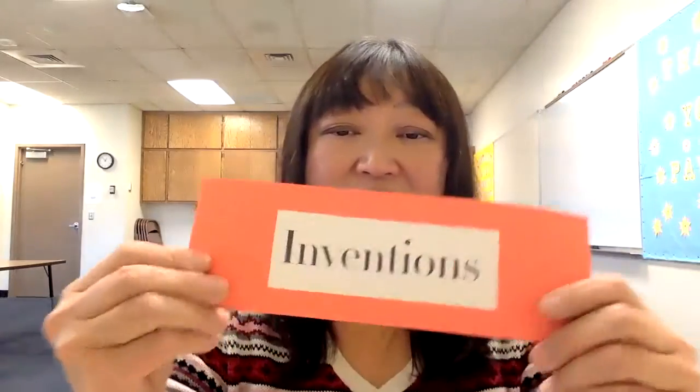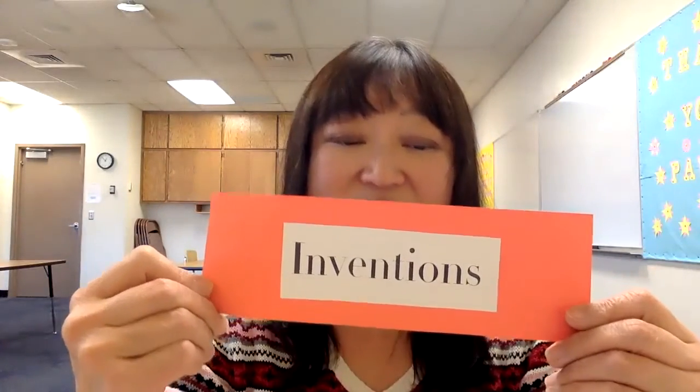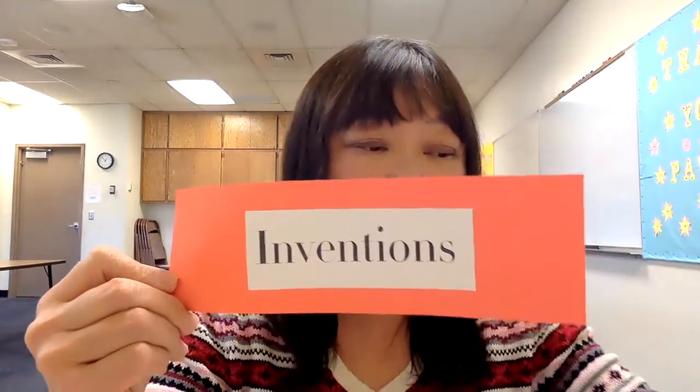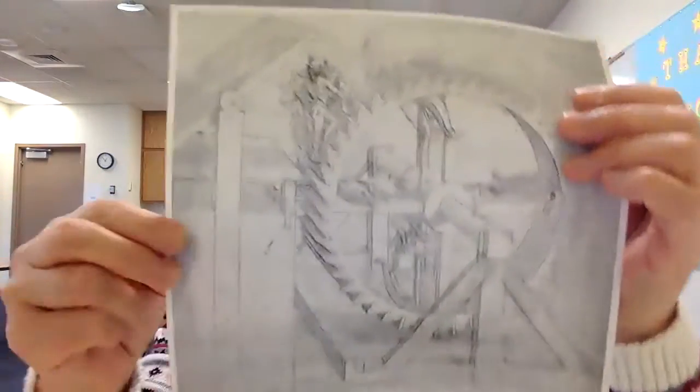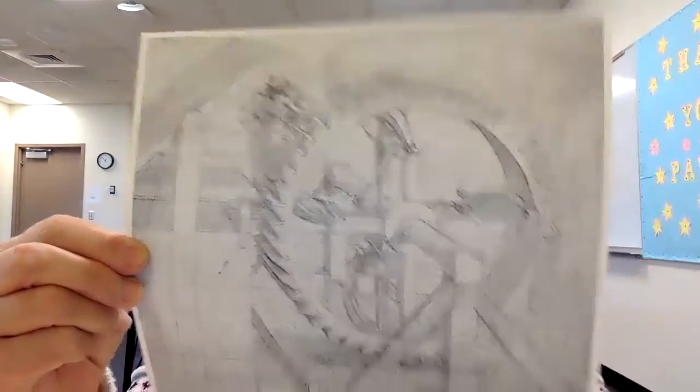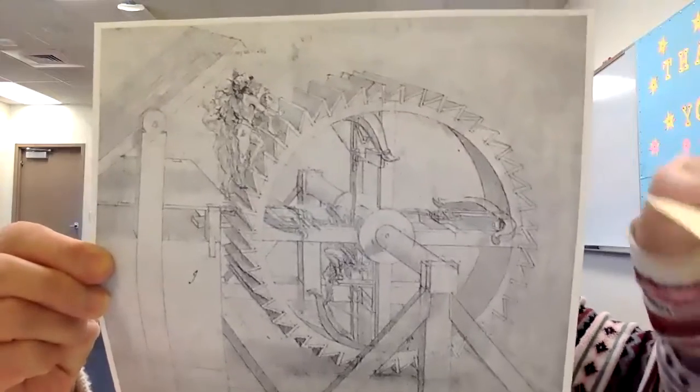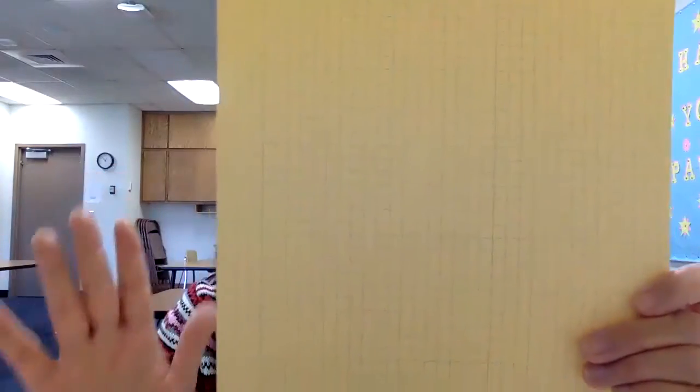The next challenge, the third challenge, is invention. Here is Leonardo's example. If you want to do this challenge, you pick up this graph paper from me. I'll put out a small portable desk right by the art room.